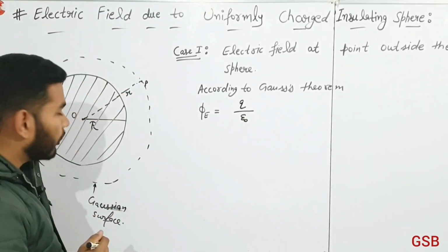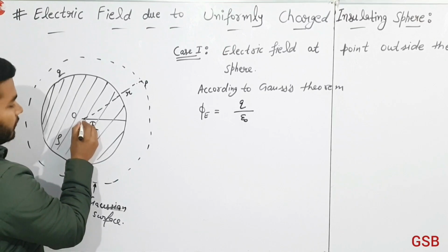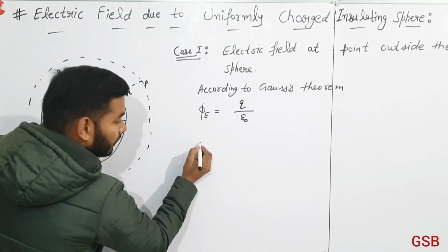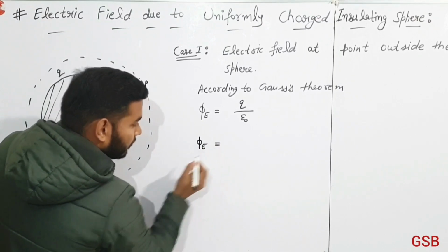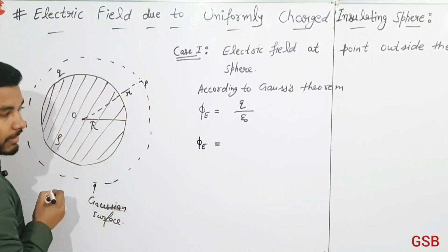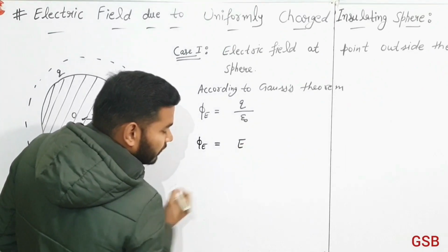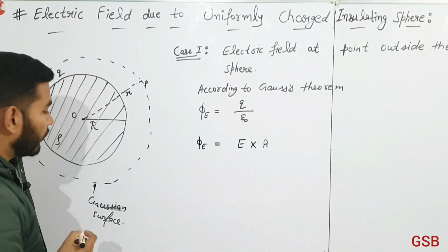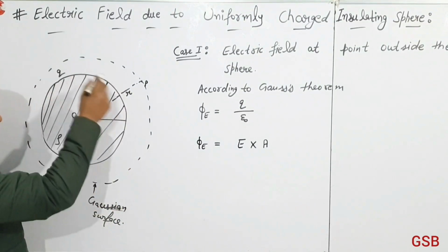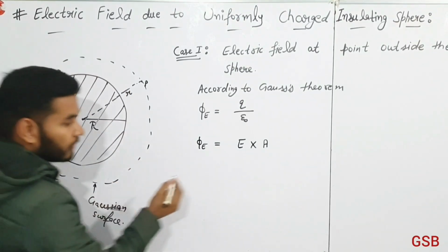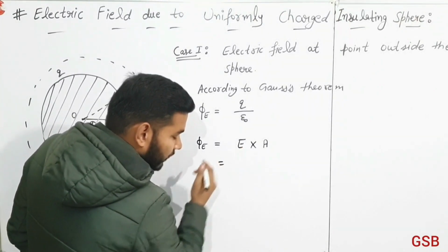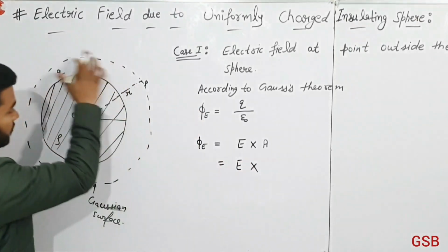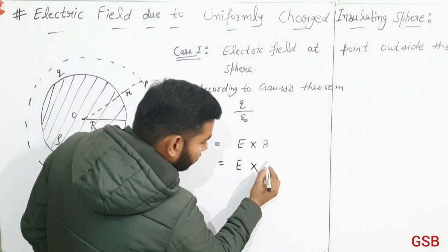Okay. Now, we know the value of electric flux. Electric flux at point P is electric field into area. What is the area of this given Gaussian surface? The area is 4 pi r square.